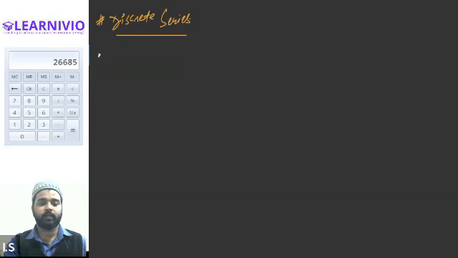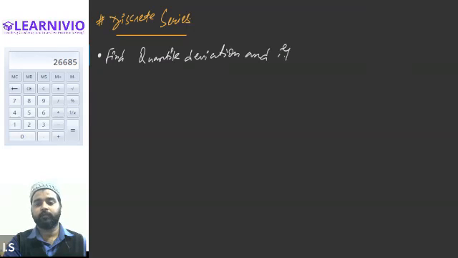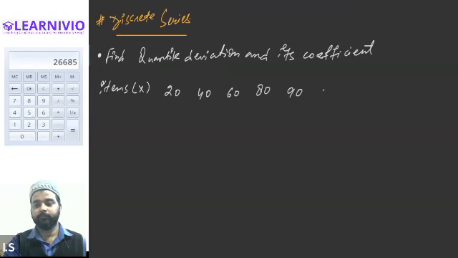So the question says again, find the quartile deviation and its coefficient. And this time the items are X means item 20, 40, 60, 80, 90, 100, 120.